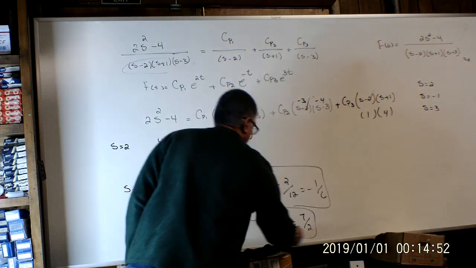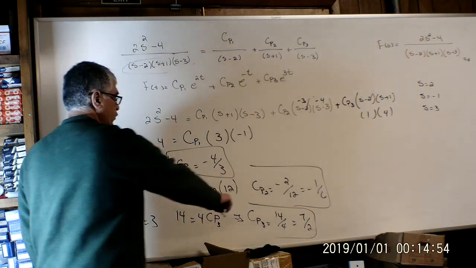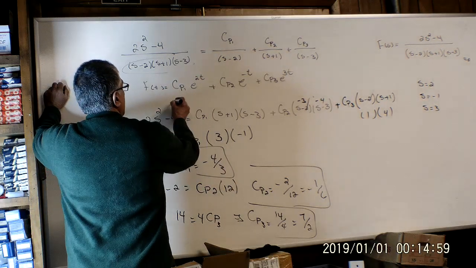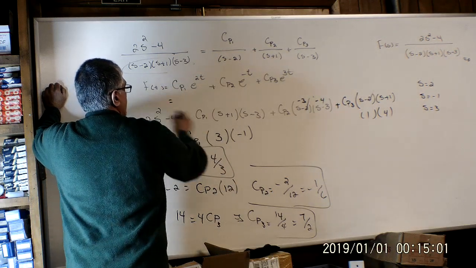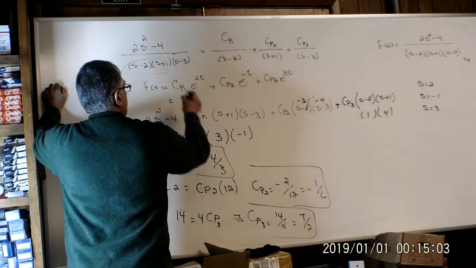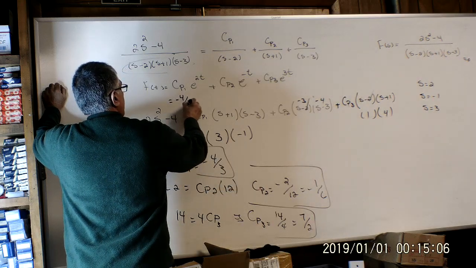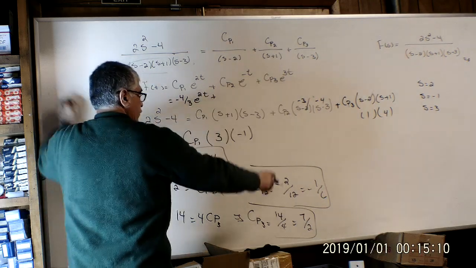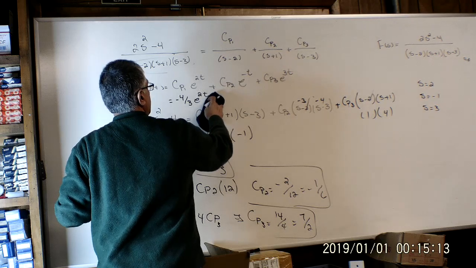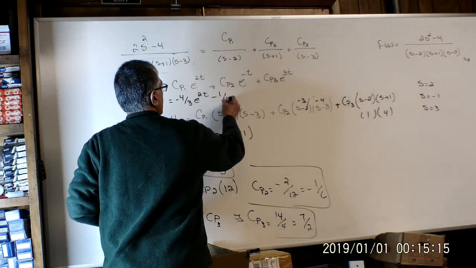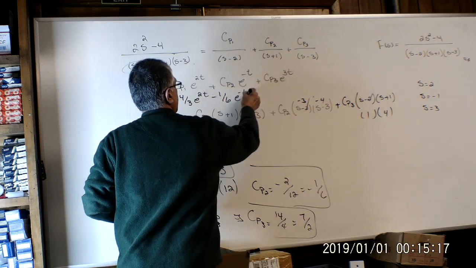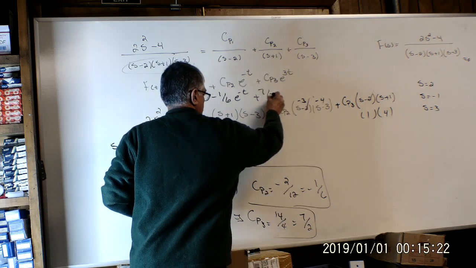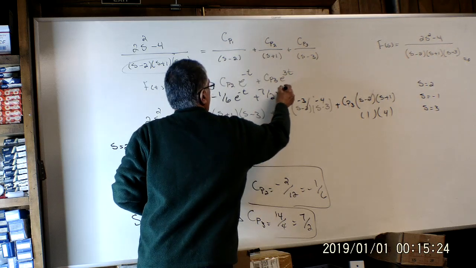So now we have the values for cp1, cp2, and cp3. We can plug those into this equation. So our function will be cp1, which is minus 4 over 3, e to the power 2t, plus cp2, which is minus 1 over 6, e to the power minus t, plus 7 over 2 e to the power 3t.